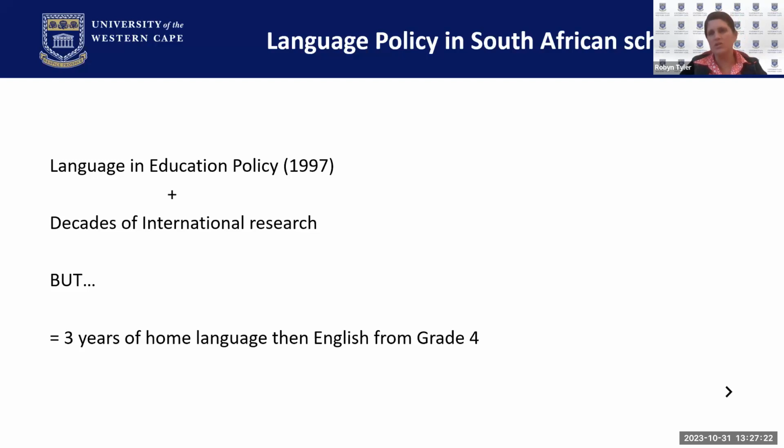There's been much research to show the connection between failure in our schooling system and this policy in practice. So the language and education policy and its emphasis on multilingualism and the inclusion of learners' languages is not being implemented currently.